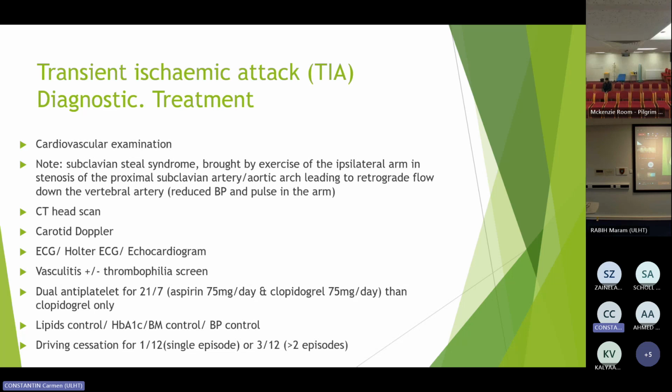So clinically, we could have reduced blood pressure and pulse in that arm. This is typical for subclavian steal syndrome, which actually is giving TIA presentations.